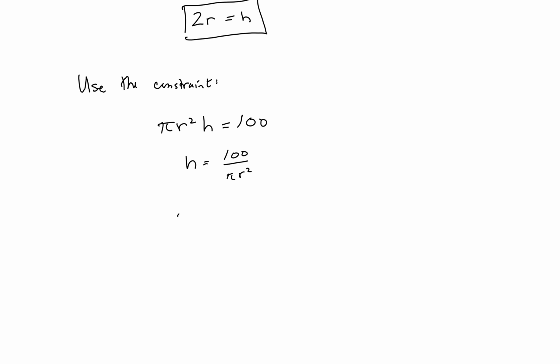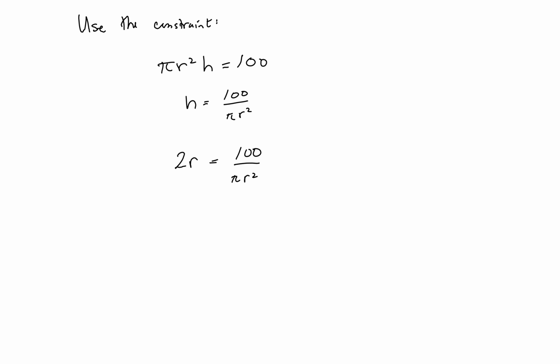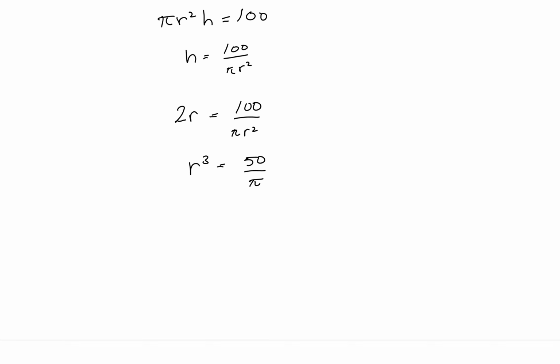So that tells me 2r has to be equal to 100 over pi r squared. So let's get all the r's on one side and the numbers on the other. So I'll have r cubed is 50 over pi. So that means r is 50 over pi to the 1/3.